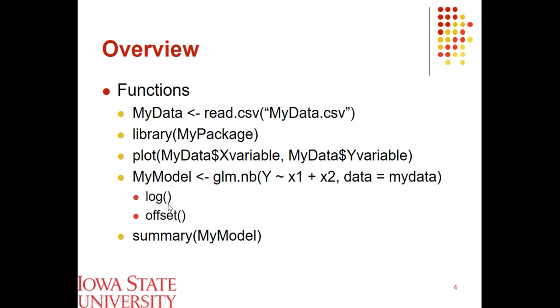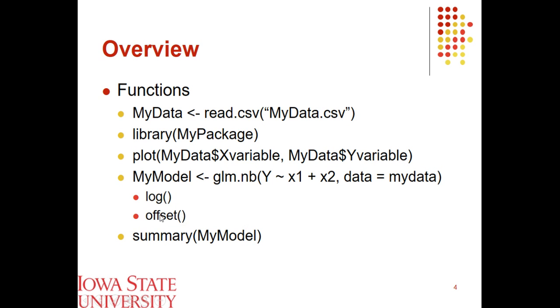Two common functions that are built into R that we'll be using here are the log function and the offset function. So it's fairly common that we'll want to do a log transformation, or in our case, a natural log transformation of some of our variables, particularly our exposure variables. And so we will show you how to do that.